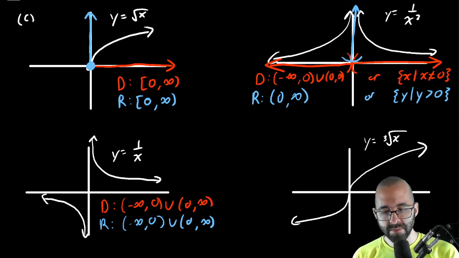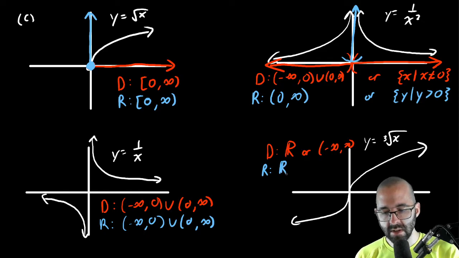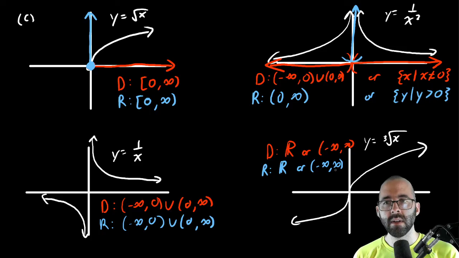The cubic one, the domain and the range are both going to be all real numbers. All right. Let me know if you have questions on these. That's domain and range. Let's do one application problem to finish off this video, and then we'll move on.